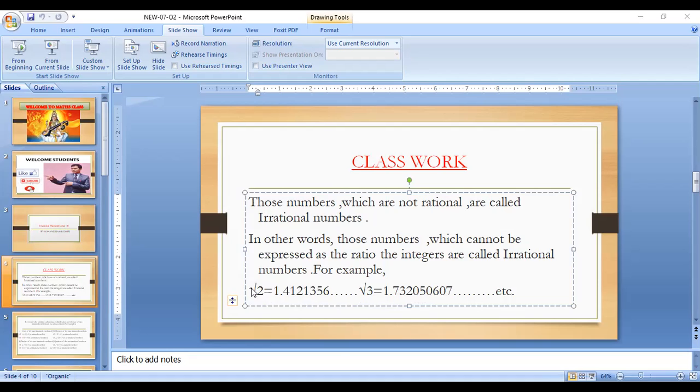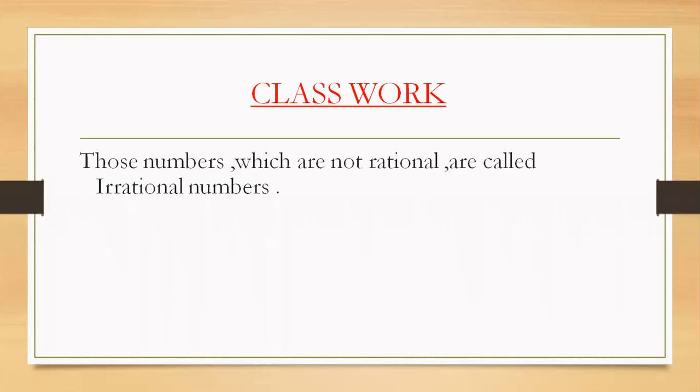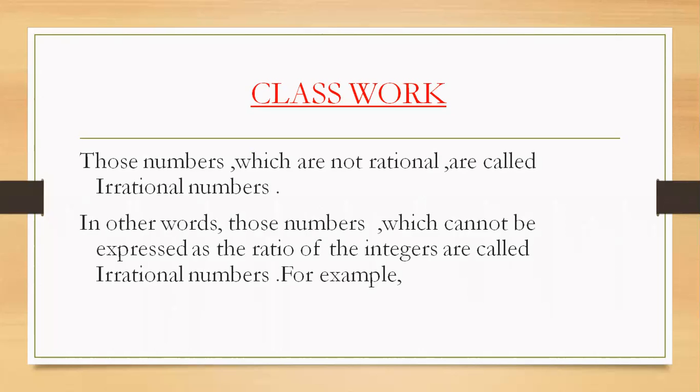Whatever value is kept inside the square root sign, if it does not come outside the root sign, that is called the radical sign, then that is called a surd, and all the surds are irrational numbers. If it doesn't cancel and doesn't come outside the root, then that is a surd.